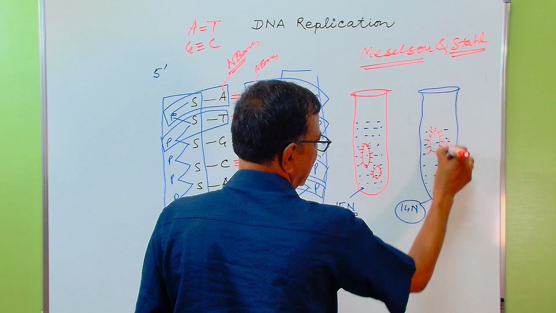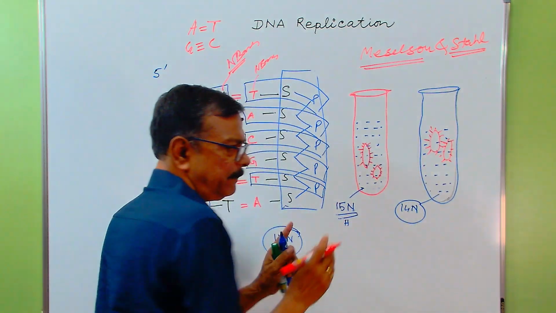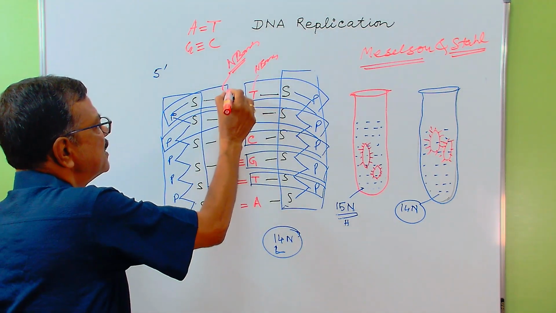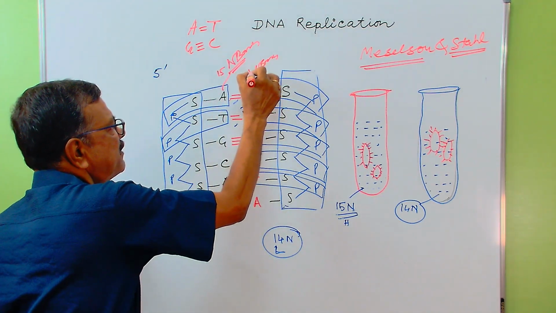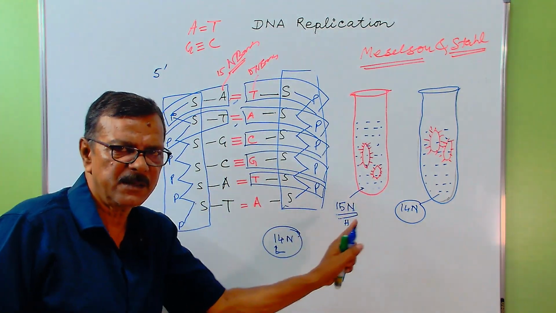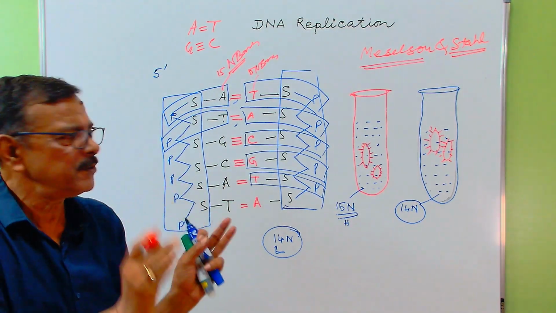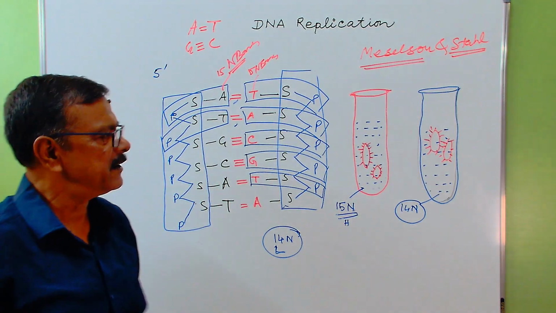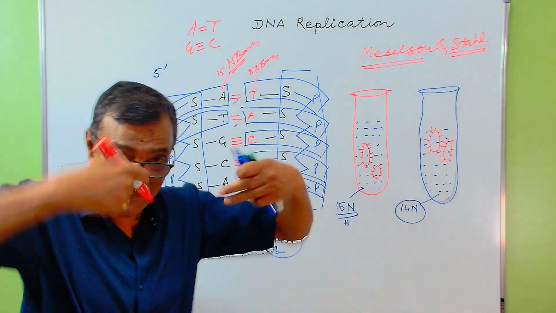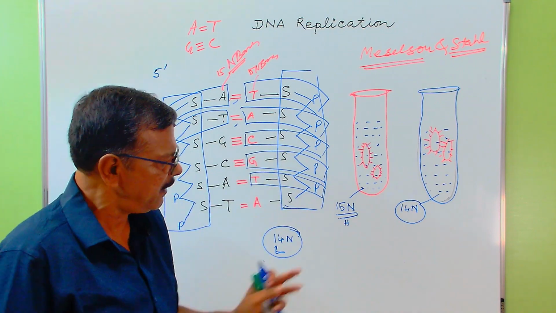One or two bacteria they took and isolated. Both of them have DNA of 15N, because they were grown in 2 or 3 successive generations. They isolated those bacteria which have 15N DNA contents, with 15N in their nitrogenous bases, in their DNA, in their polynucleotide chain.